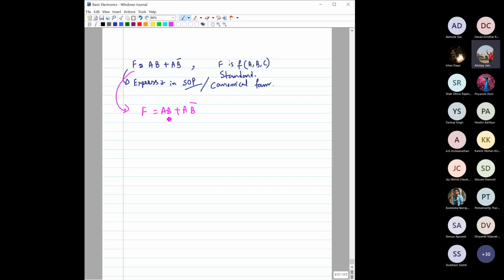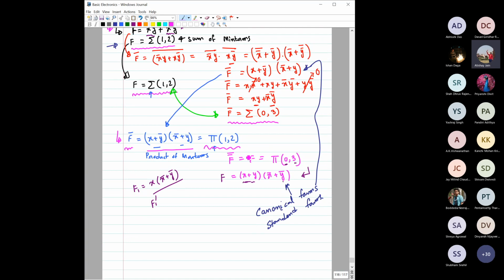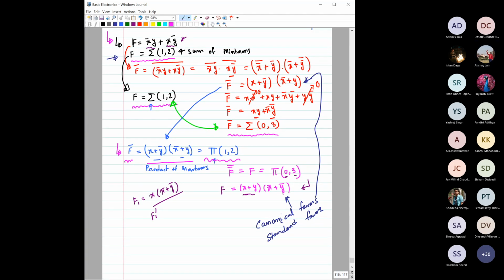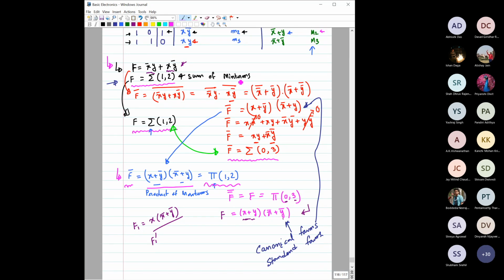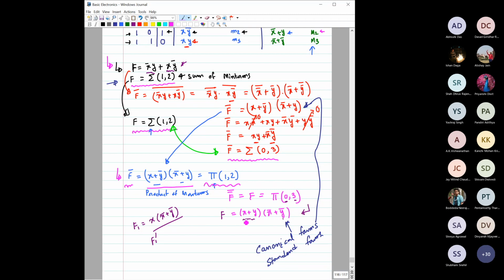In canonical forms, it is product of sum, and this is also a canonical form.